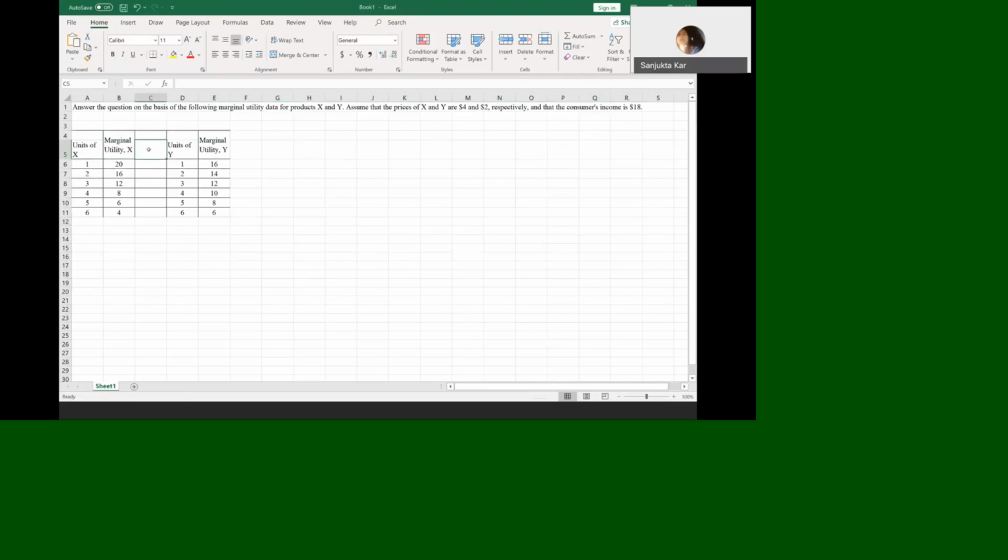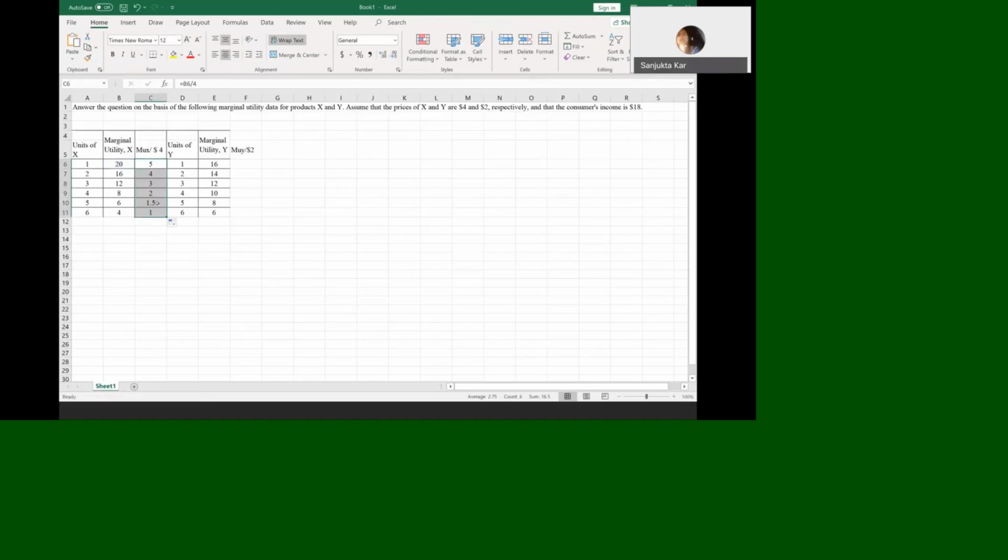Price of X is $4, so here I can make a column for marginal utility of X over the price of X here, which is $4. Here I can make another column, which is marginal utility of Y over the price of Y, which is $2. So each of these numbers that's given to me, I am going to divide by $4.